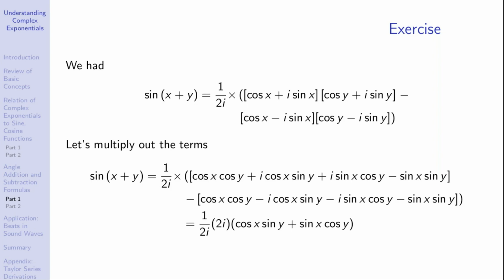So when we cancel out the terms that cancel out and keep the remaining terms, we get that sine of x plus y is equal to 1 over 2i times 2i times the quantity cosine x sine y plus sine x cosine y. And those two factors of 2i will cancel.